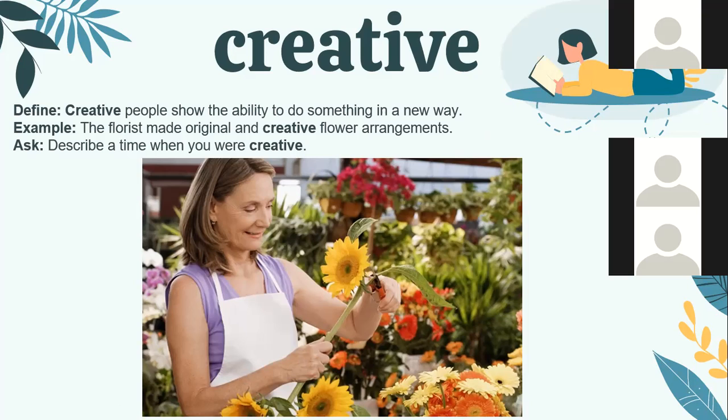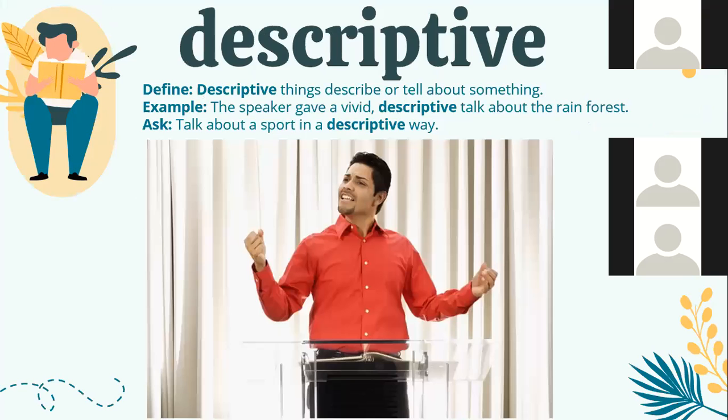No one has done it before. So this woman in the picture is arranging flowers in a beautiful way that no one has done before. So she is creative. Okay. Thank you, Lana.